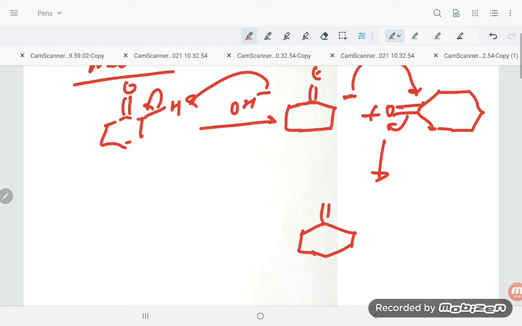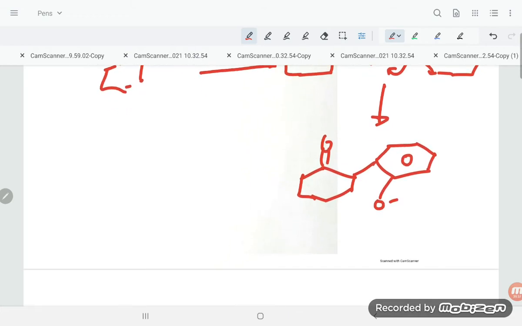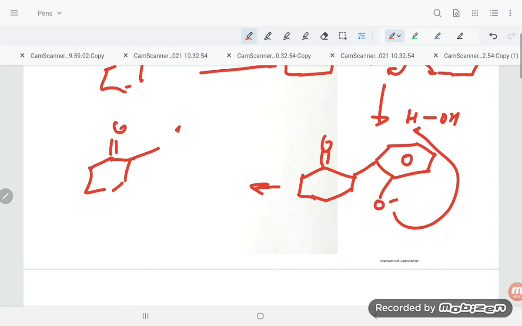Here will be C=O, and with this you are going to add this group. Here is O negative, and this O negative takes hydrogen from the water, HOH, forming the alcohol. So, dear students, here will be C=O and here is OH.